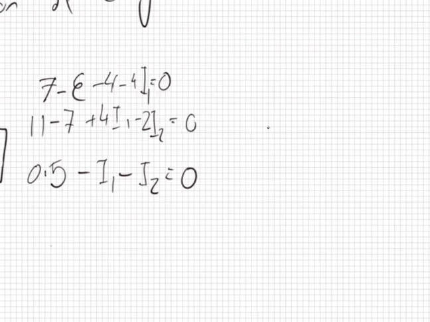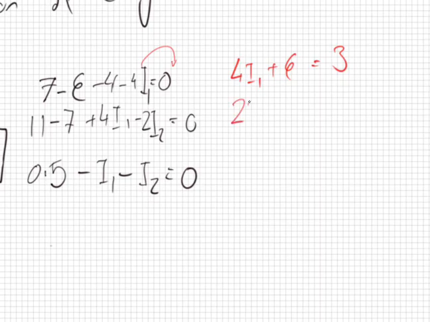So my first equation, I get 4I1, if I take that over there, plus E, and then keep this on the left-hand side, equals 3. This equation here, so that's a 4.